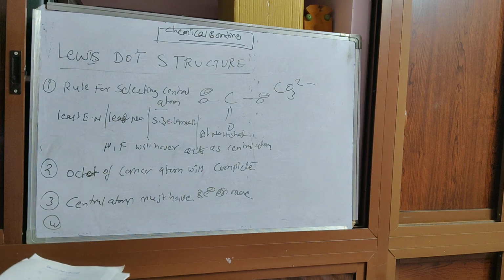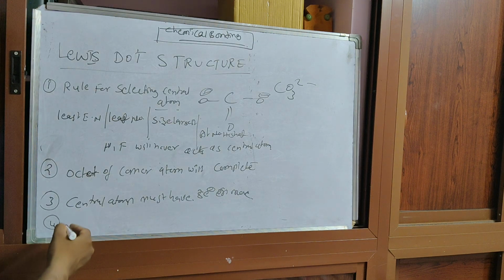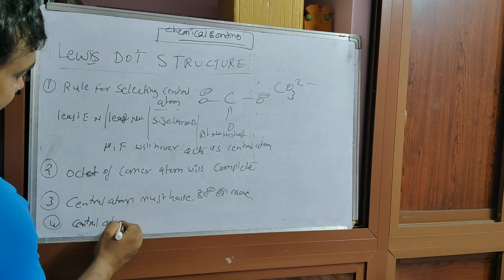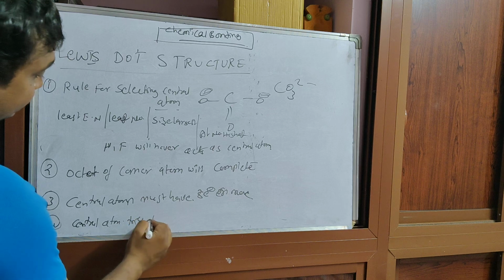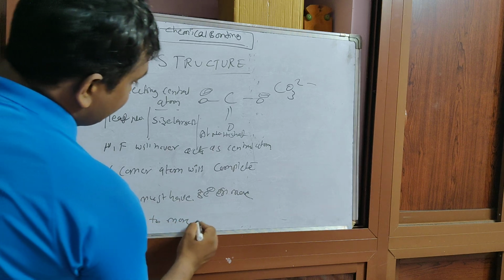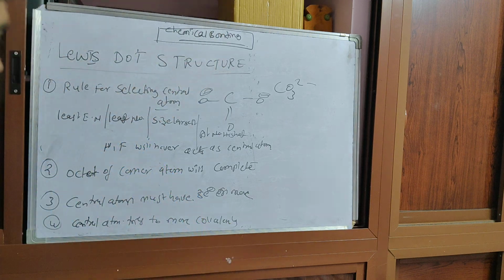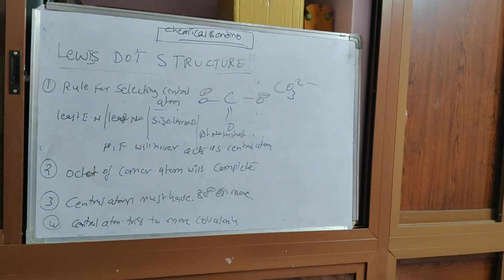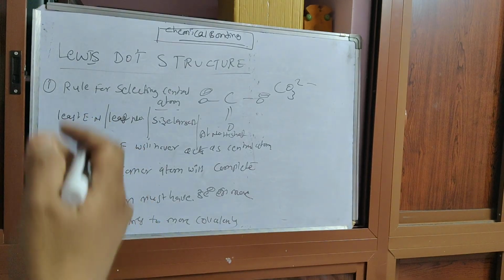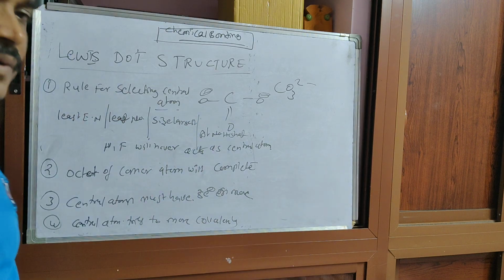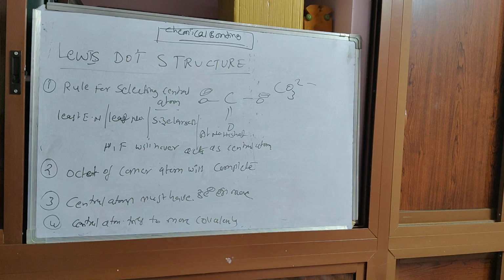Next, the central atom tries to have more covalency. What is covalency? Covalency means the combining capacity of the atom, up to its group number. In case of carbon its covalency is 4, in case of sulfur its covalency is 6, like that.